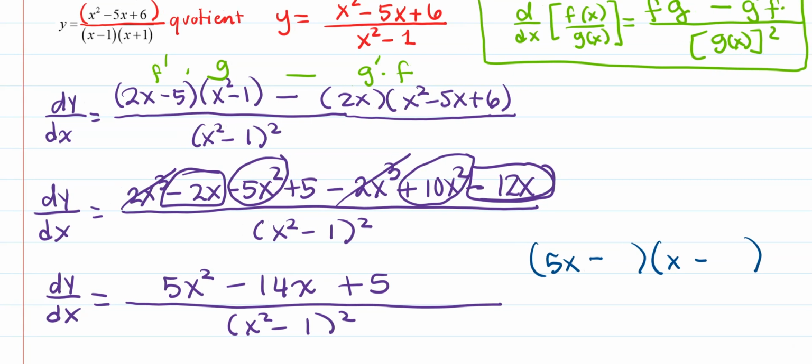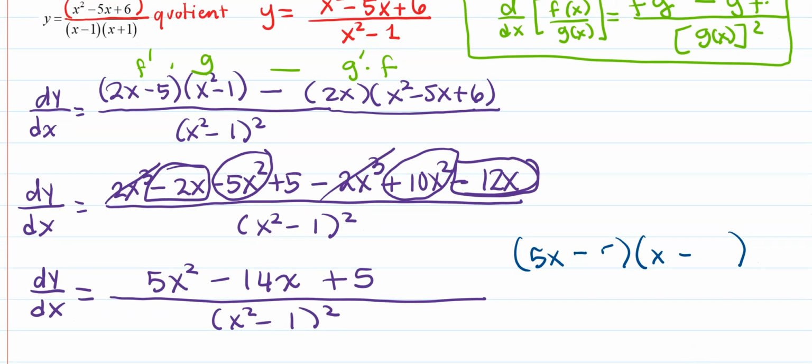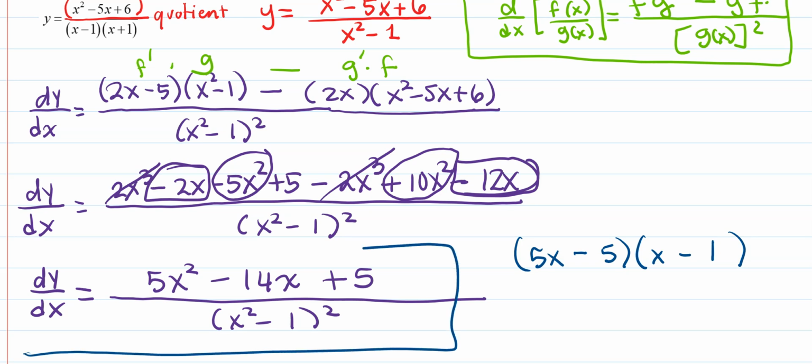So I'm going to have negative 5 and negative 1. No, that's not going to work, right? And then if I have negative 5 right here, and then 1 right here, that's still not going to work, so it's not factorable, and I will just live with this as my answer. But if you can factor and reduce, then do so.